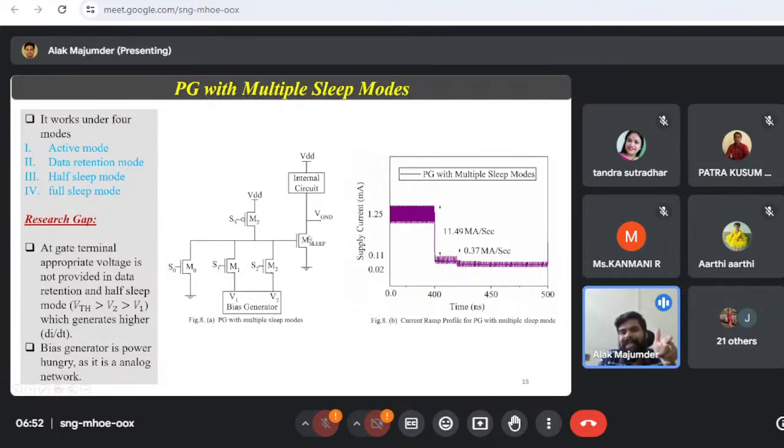Due to which, if the threshold voltage is, for example, 300 millivolt, V1 may be 100 millivolt, V2 may be 200 millivolt, right? So one jump is 0 to 100, second jump is 100 to 200, right? Think of the third jump. Third jump will be 200 millivolt to VDD, which is 1.1.